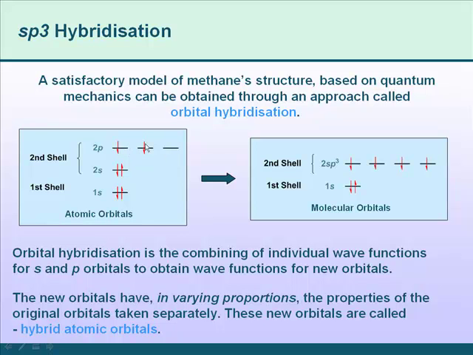So these 4 orbitals are mixing to give these 4 new orbitals, and these orbitals are said to be degenerate, i.e. they're all on the same energy level.